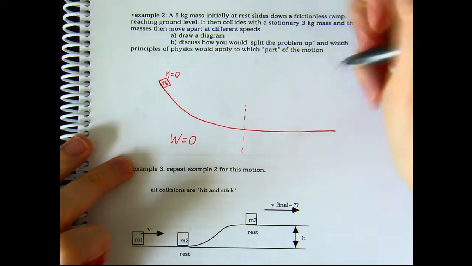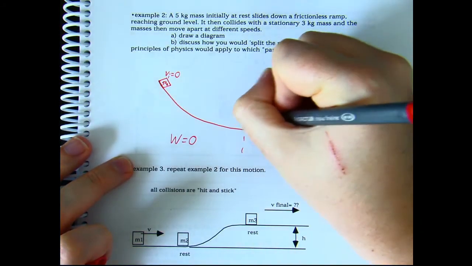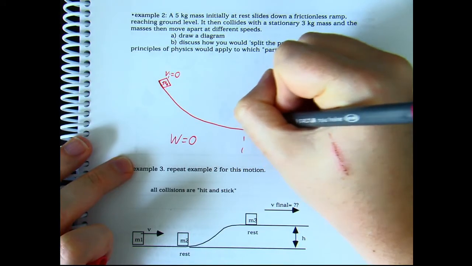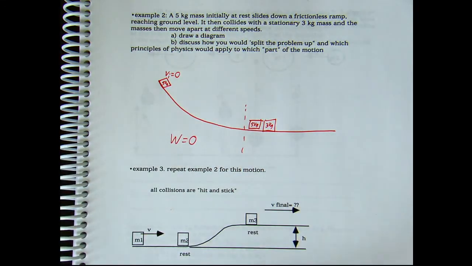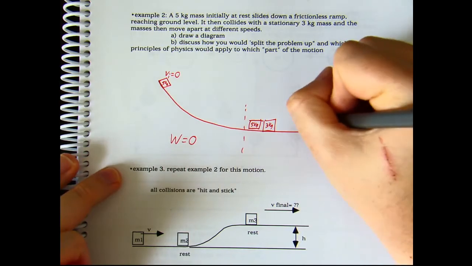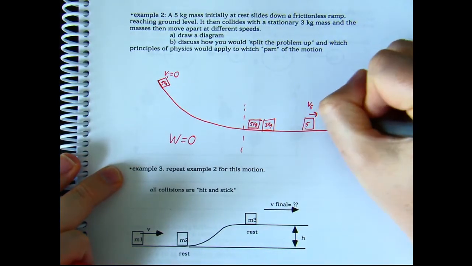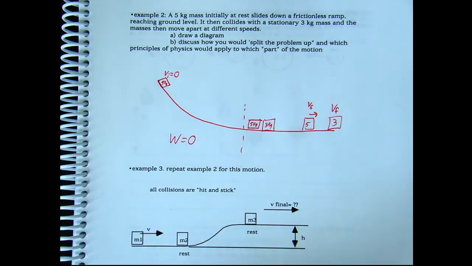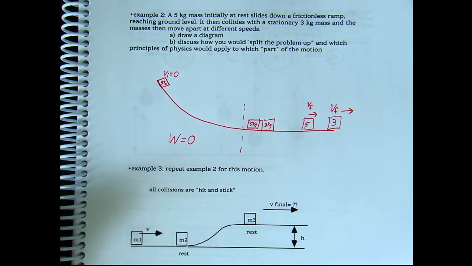So here is a 3 kilogram mass, and the 5 is going to hit it. And the masses then move apart at different speeds. So we're going to have the 5 moving with some v final, and the 3 moving with some v final.